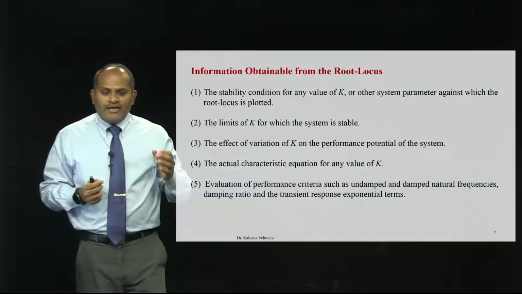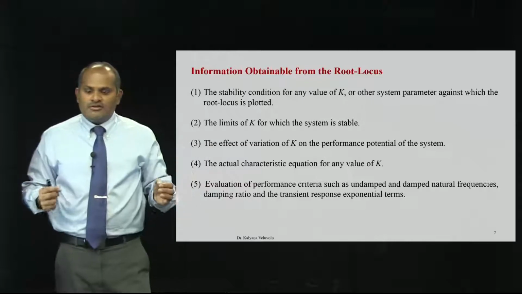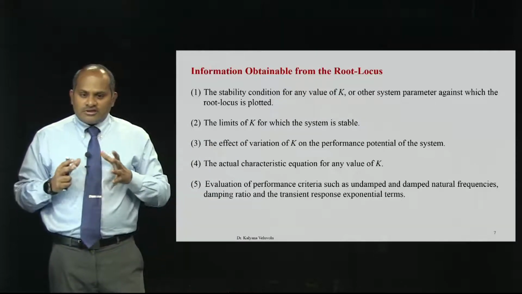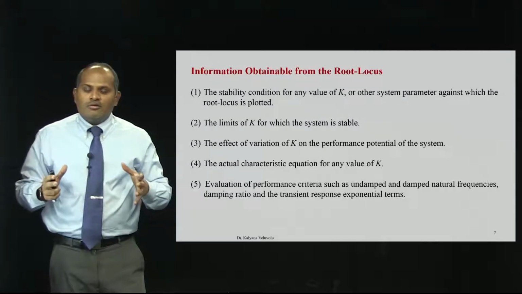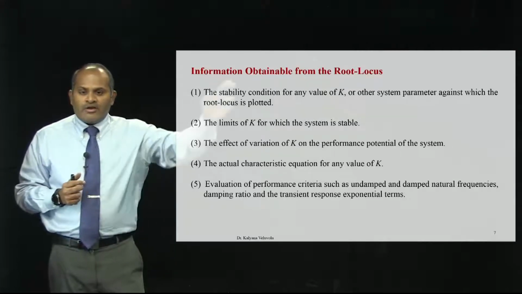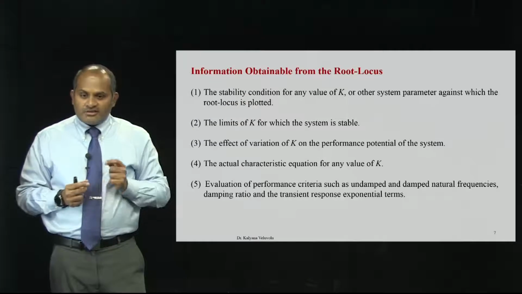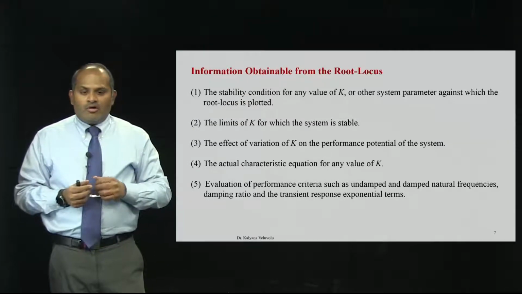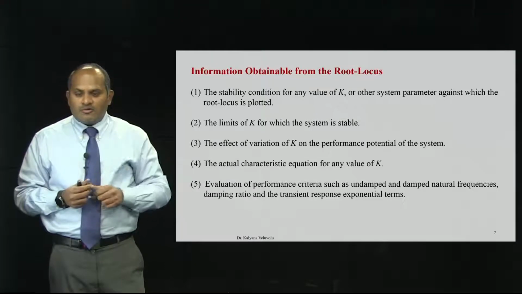So if you look at what kind of information we can get from the root locus, there is certain nice information we can understand about a system. We can understand the stability condition for k, when the system is stable, when the system is unstable, or for the parameter to which the root locus is plotted.